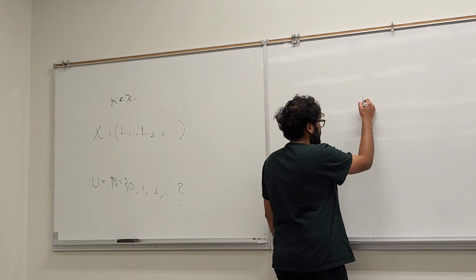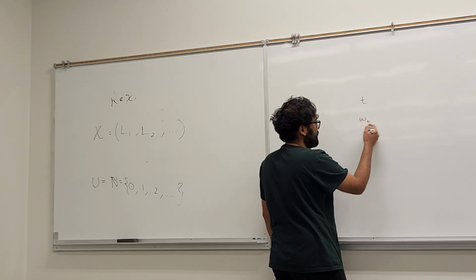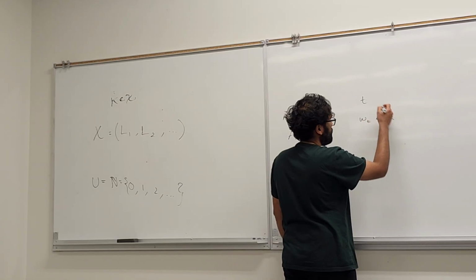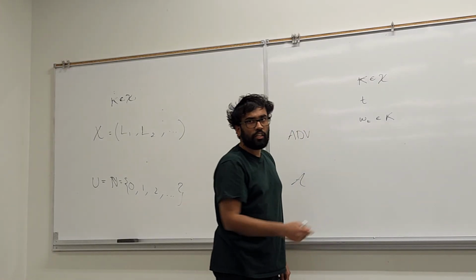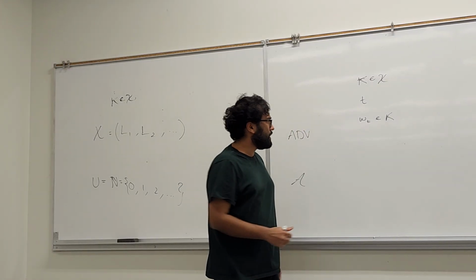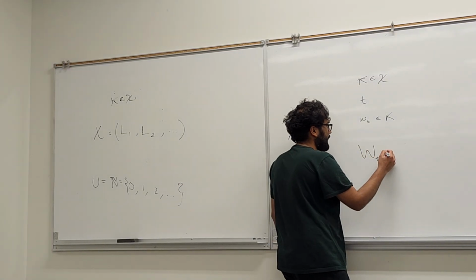So at round T, I'll give you WT, which comes from K. K is coming from X. So you see all the strings that I've generated so far, denote that by capital WT.